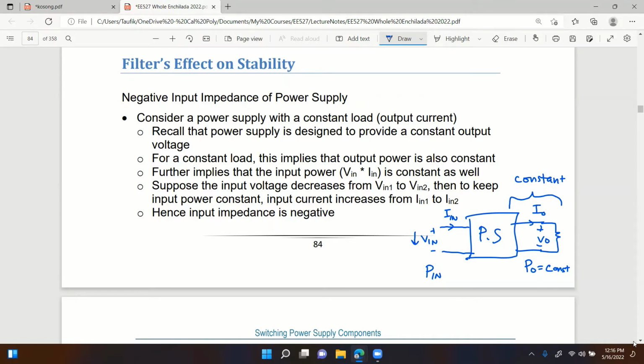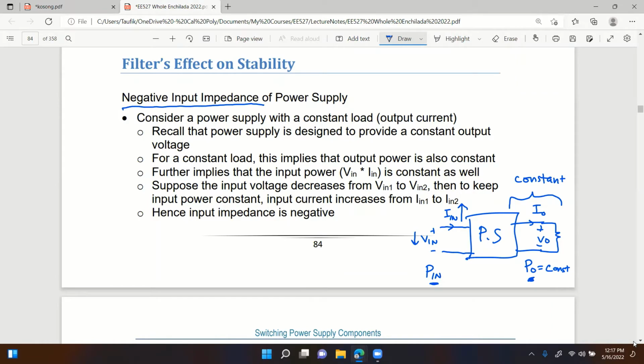Well, because output power is constant, that means it would demand constant input power, right? If input voltage decreases, for whatever reason, that means I in would have to increase, right? So this is unique because it means that the input impedance of the power supply is actually negative, right? So it has a negative input impedance.